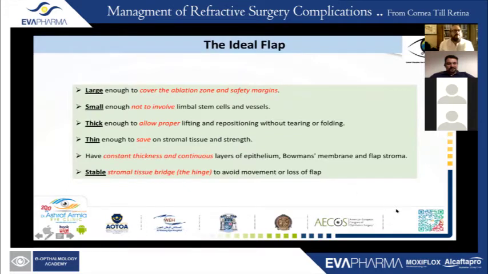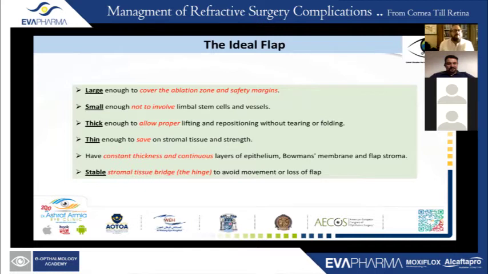Before we start, you must know what the ideal flap is. It must be large to cover the ablation zone and safety margin. It must be small, not to involve limbal stem cells and vessels. It must be thick to allow proper lifting and repositioning without tearing or folding. It must be thin, safe on stromal tissue and strength.